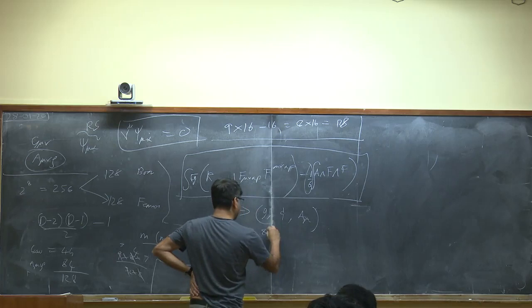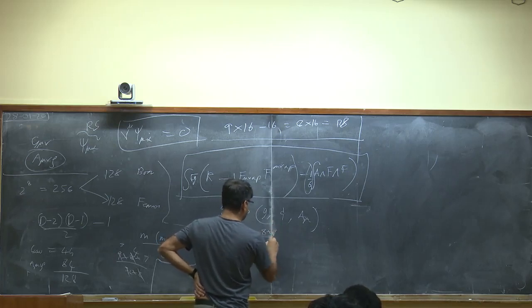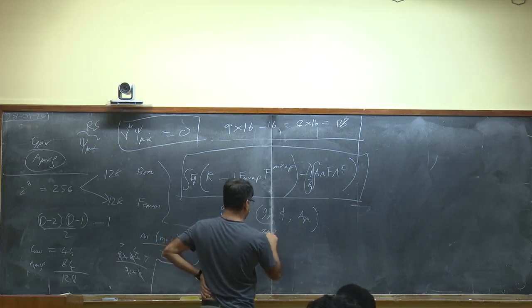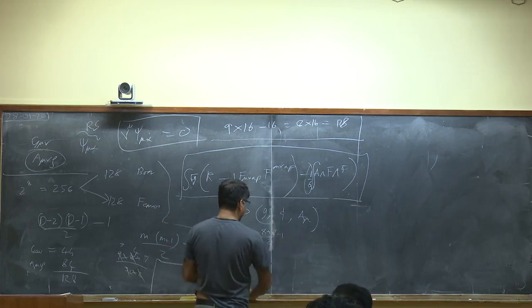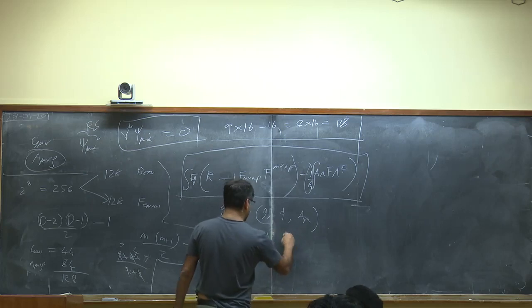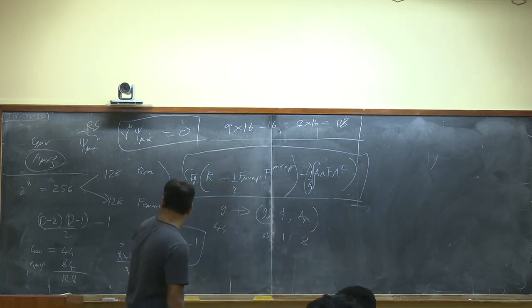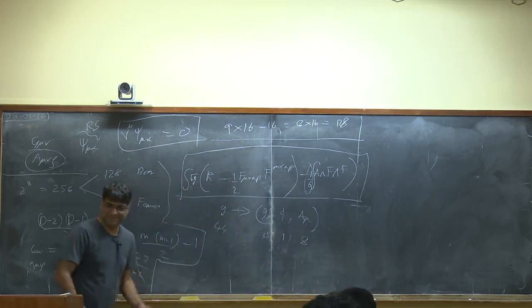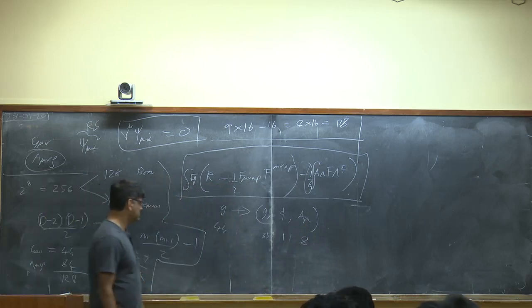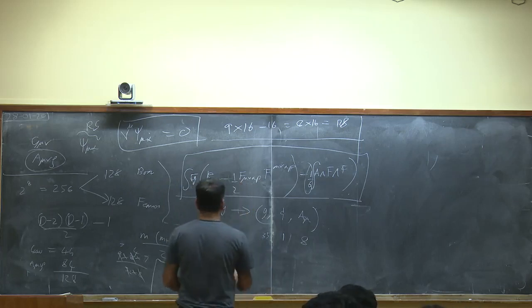Here we'll count again, we'll get 8 into 9 by 2, which was 36, minus 1, so 35. Plus 1, and here this is 8. And that adds up to 44. Okay, so that's how the metric breaks up.